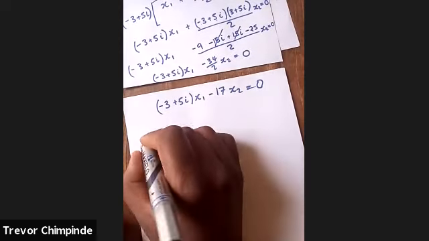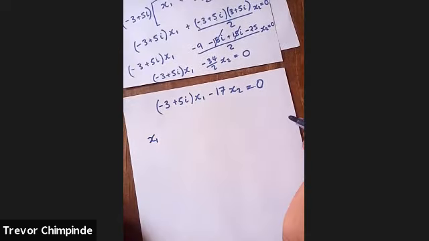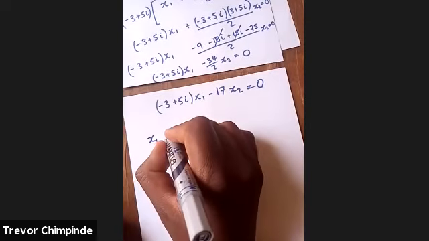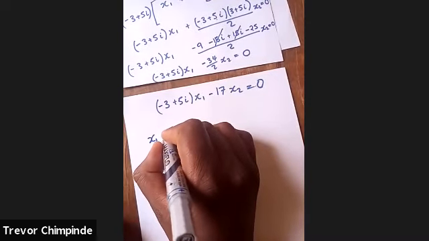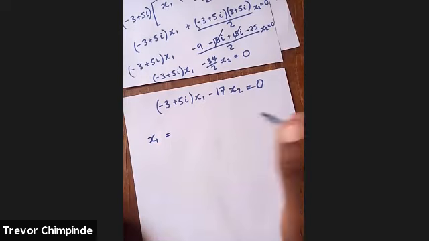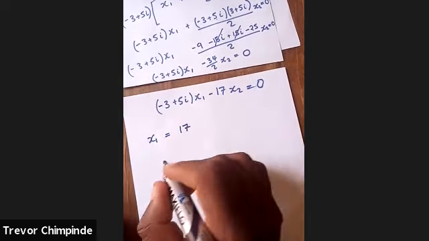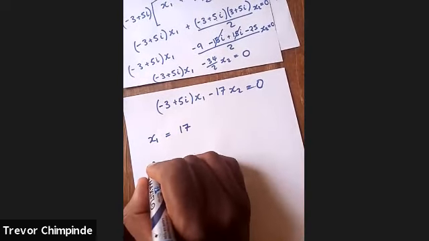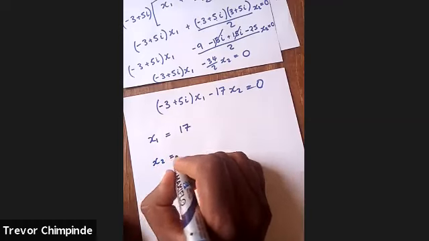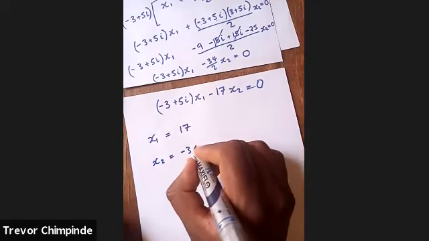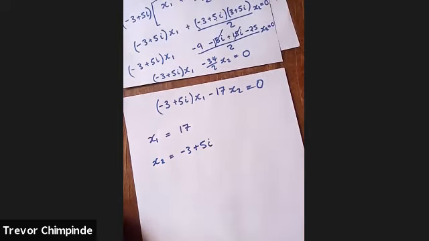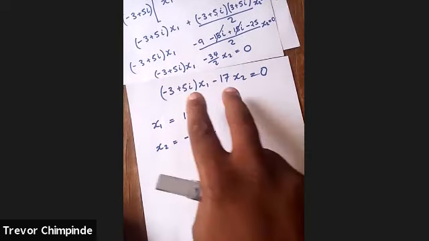What do we get? I can choose my x1 to be 17. And if I choose my x1 to be 17, then my x2 has to be -3 plus 5i. So I've just swapped them.